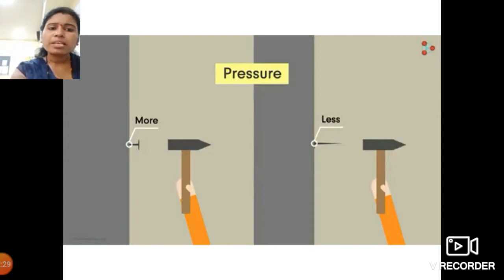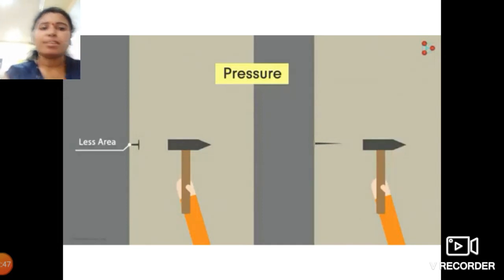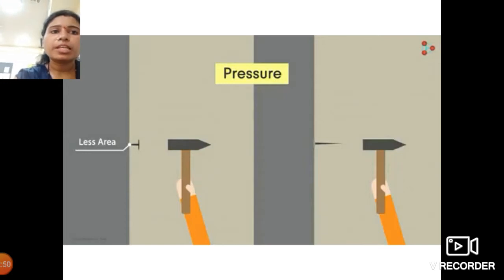But again, one question arises: why is this so? Why is more pressure applied by the small area and less pressure applied by the larger flat area? See students, first notice that the area of the tip of the nail is very small as compared to the area of the flat surface.